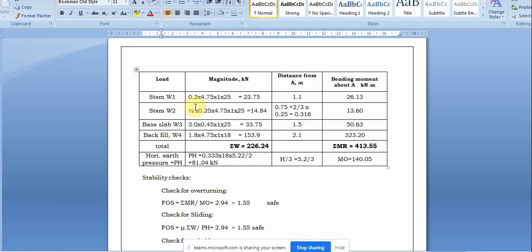So for the stem rectangular section, W1 equals 0.2 thickness at top into 4.75, the height of stem, into 1 per meter width, into density of concrete, that is 25. We get the magnitude of stem W1 as 23.75, and the lever arm, that is the distance from this stem center point to the toe point, 0.75 is the toe end.